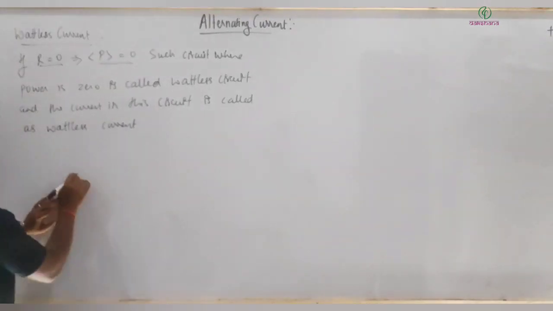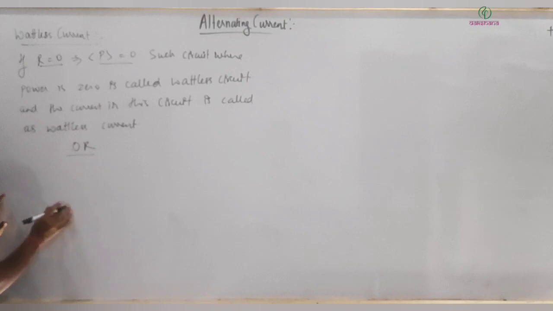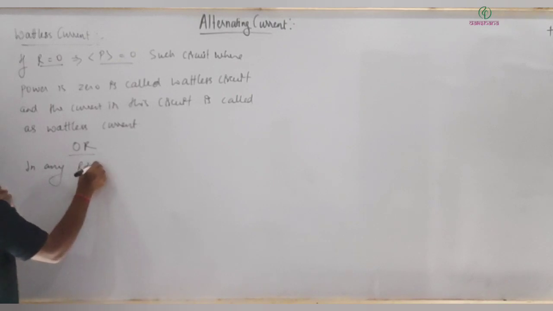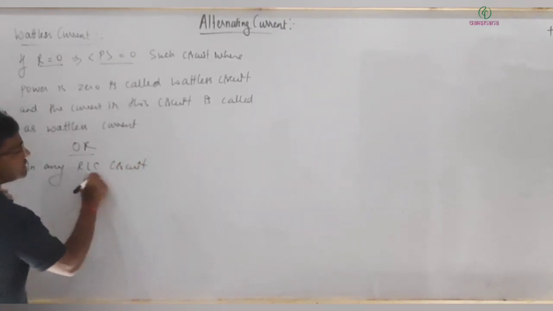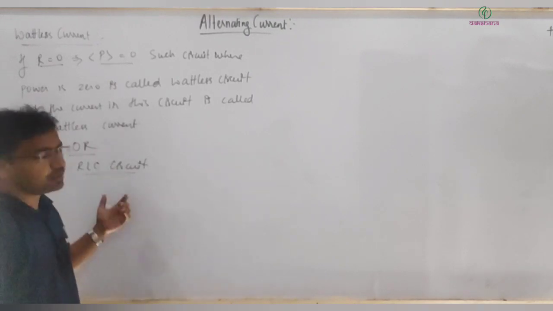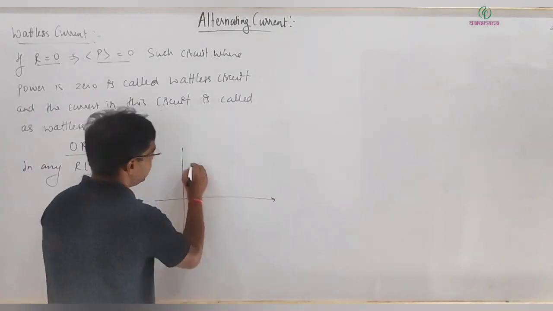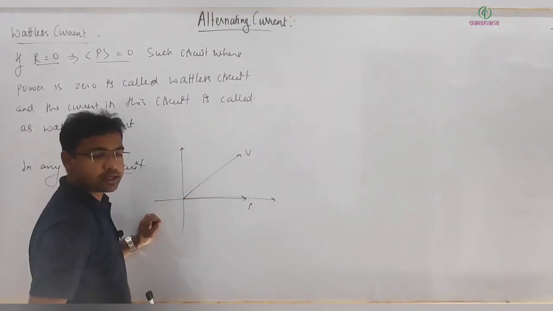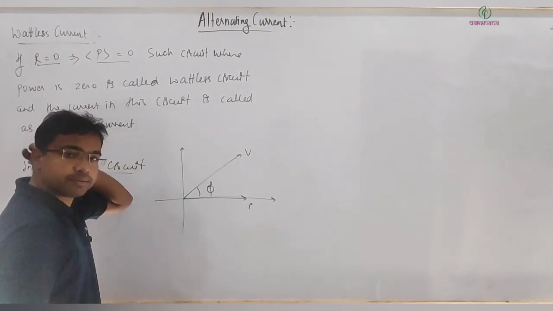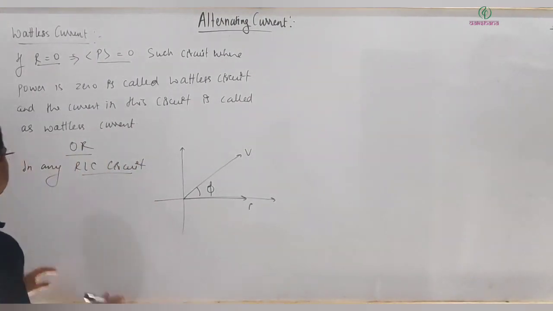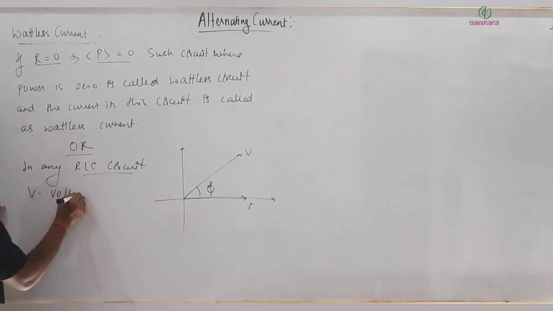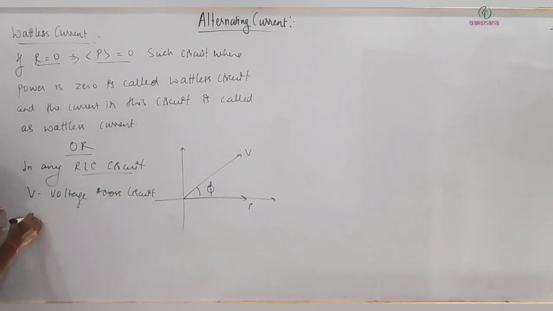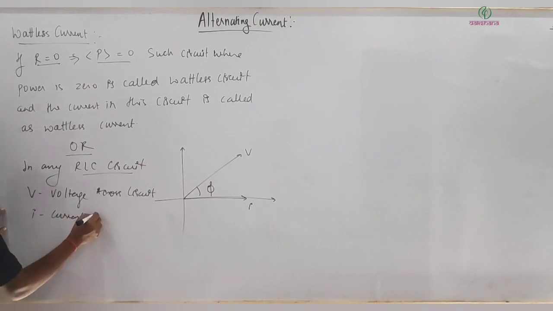Another way I can define it is that in general, in any RLC circuit, whatever it is, maybe RC, maybe RL, maybe LC, whatever the type of circuit, let's say this is V and this is I in the circuit. This is the phase phi. V is the voltage across the circuit, I is the current in the circuit.